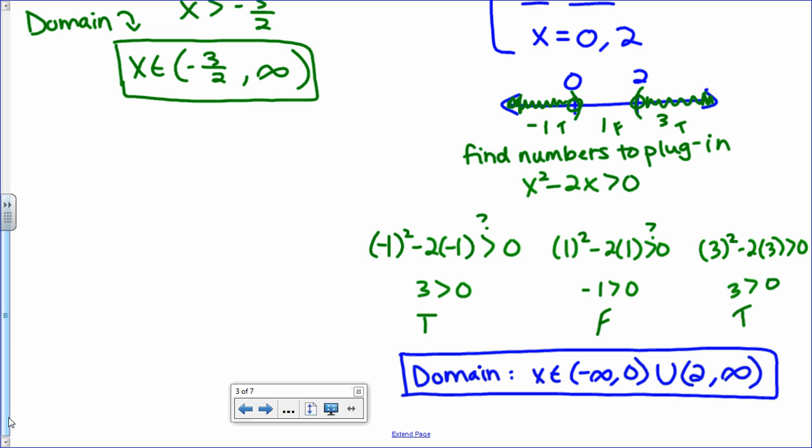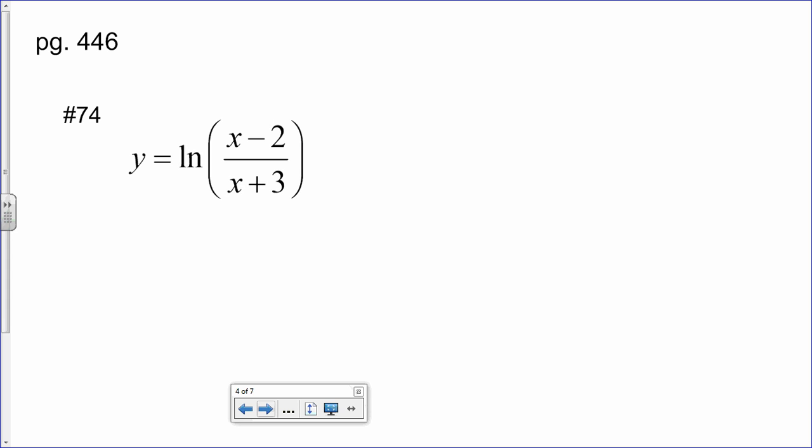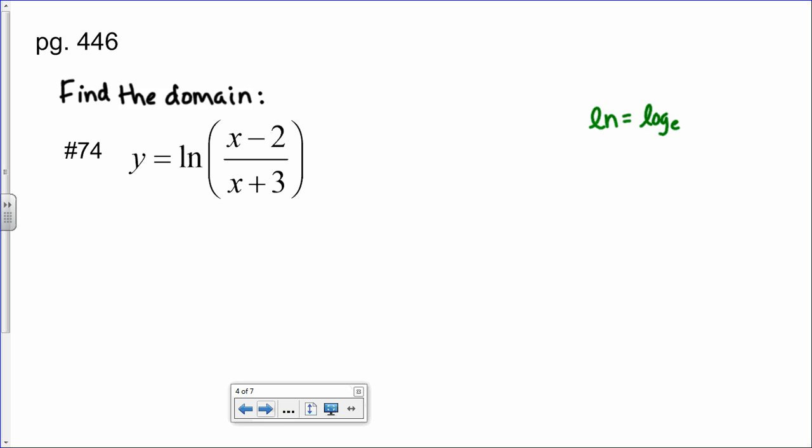Okay? All right, we're going to look at another one. So this is still find the domain. So to start finding the domain of a log function, so it's natural log, but that's still a log function, okay? So it's still, same properties apply.